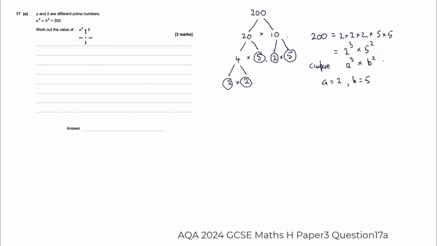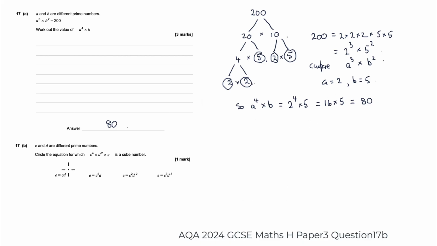So work out the value of a to the 4 times b. So a to the 4 times b will be 2 to the power 4 times 5. Now, 4 2's multiplied together, 2, 4, 8, that's 16. And 16 times 5, do that in your calculator, it turns out to be 80. So there's the answer to part A.